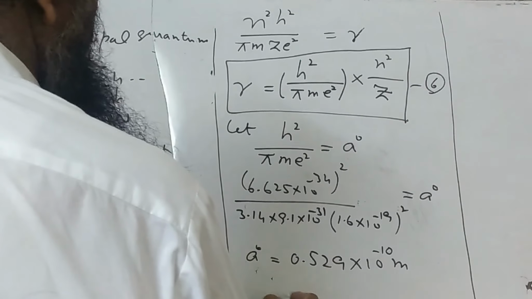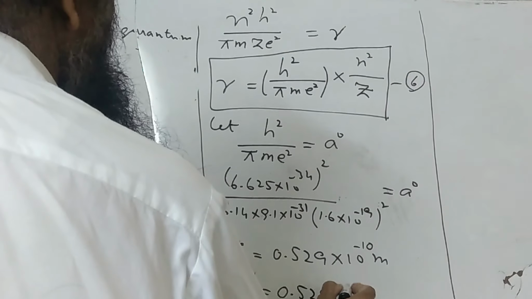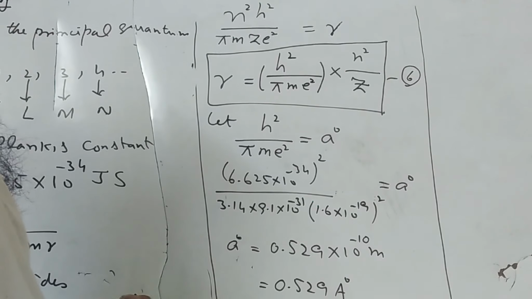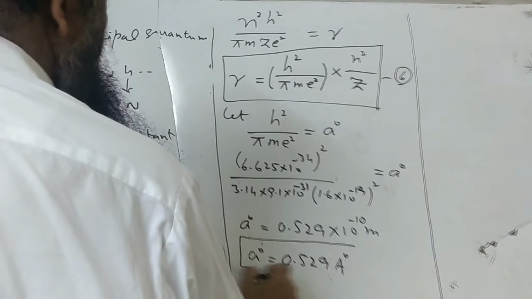This is equal to 0.529 angstrom. This is the unit of length, and a naught is the constant value.